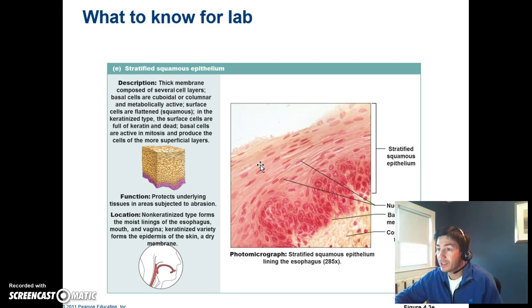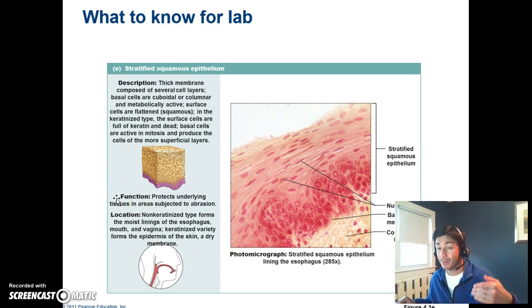Let's see, what's next? For lab, I just threw a couple of lab slides in just to give you a heads up on how we're going to cover these tissues throughout the course of this semester. So anytime we introduce a tissue like an epithelium or a connective tissue, there are things that you're going to want to know about that epithelium or connective tissue. You are going to want to be familiar with its description. More importantly than that, you are going to want to know its function.